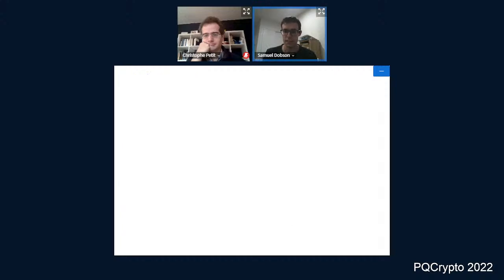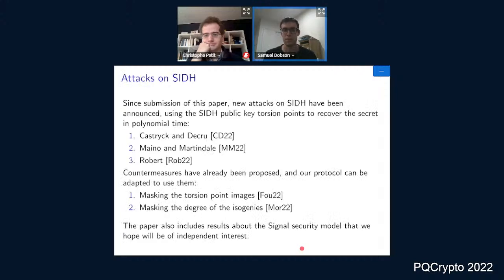I might be slightly biased though, but obviously we hope that there are some interesting results in the paper independent of SIDH, that even if SIDH does turn out to be totally broken, then this paper still has something to contribute. But we do obviously hope that one of these countermeasures does pan out to be secure, and that would also provide a secure instantiation of our protocol that we described.